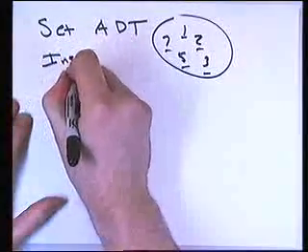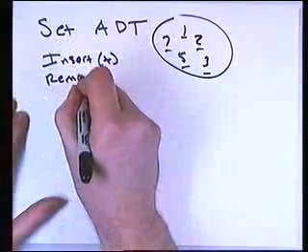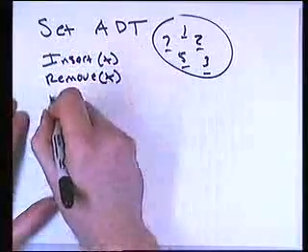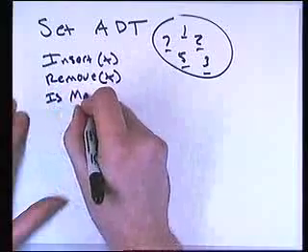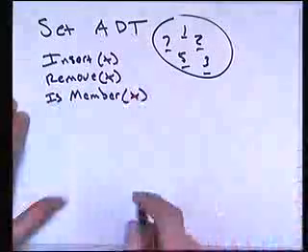So you might want to insert an element into a set. You might want to remove a particular element from a set. You might be concerned if a particular element is a member of the set. So you're almost doing a find here and saying, return 1 or 0.